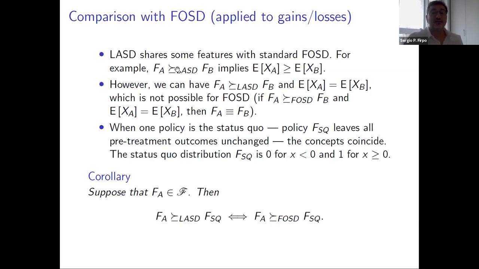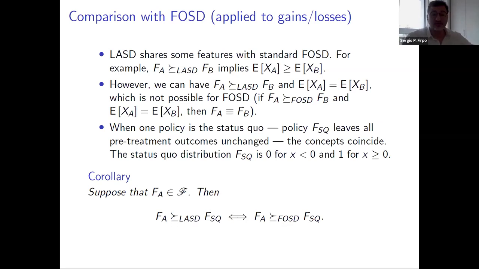Let me put it this way. FA dominates FB, right? This implies that the average treatment effect would be greater, not smaller than, right? But it could also be the case that they have the same ATE. So if you have two policy interventions that produce the same ATE, we can still untie and see which one would be preferred by using this criterion. That's something that you couldn't do with first order stochastic dominance, right?